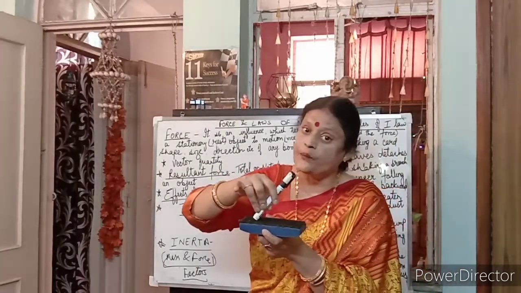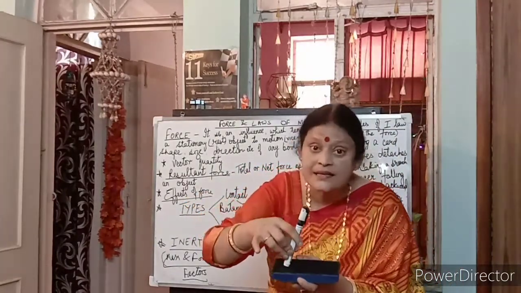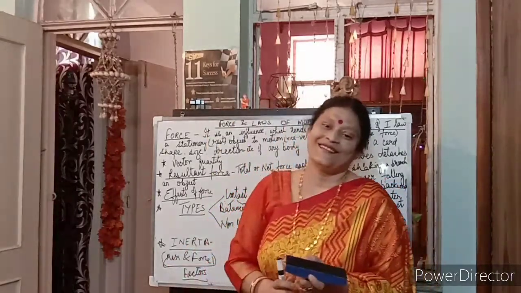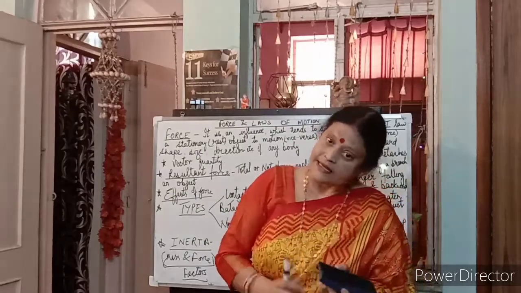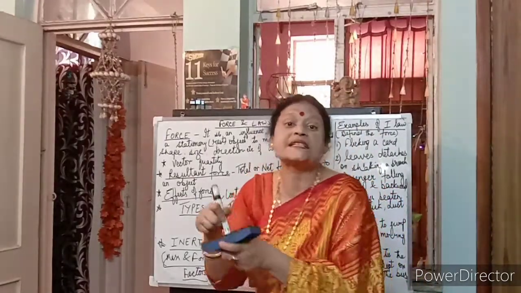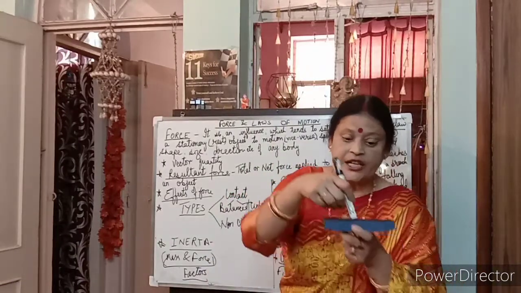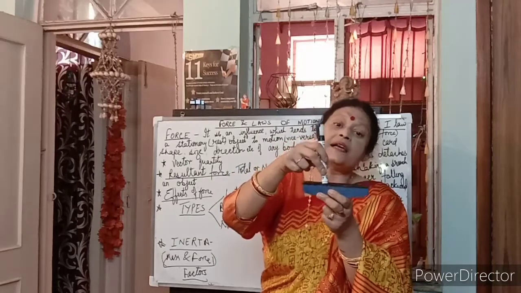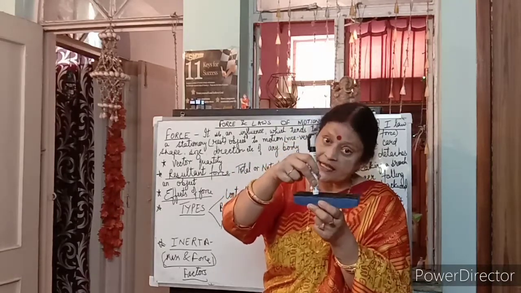Then what will he do? He has to hold something so that he will not fall. Clear? And same, why does the passenger fall backward when the bus starts suddenly? Initially, both passenger and bus are in the state of inertia of rest.